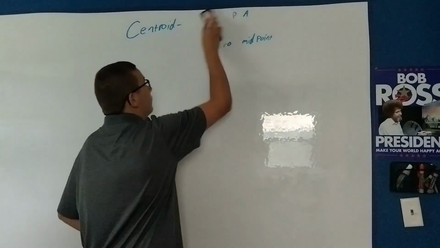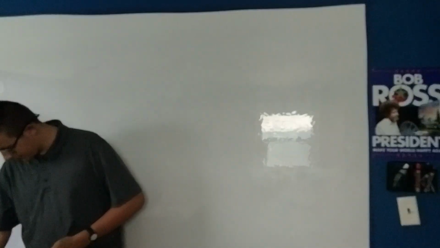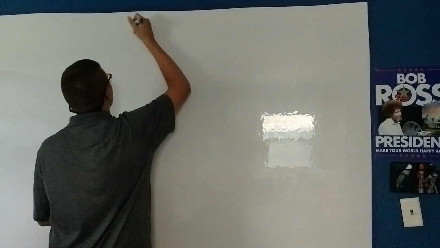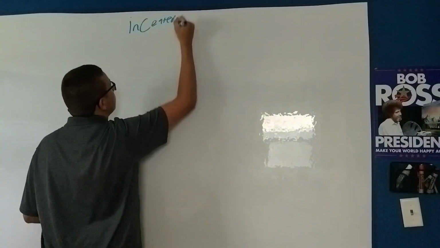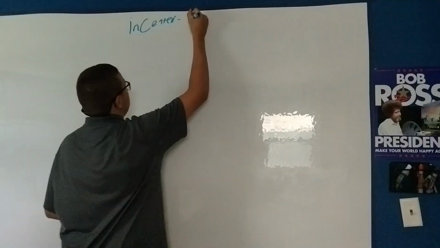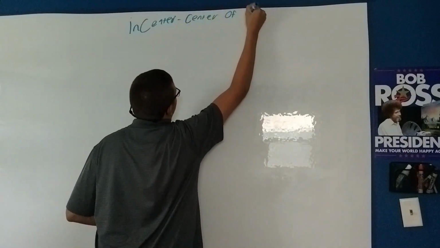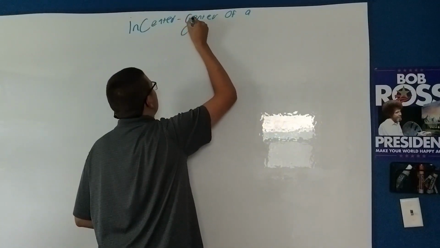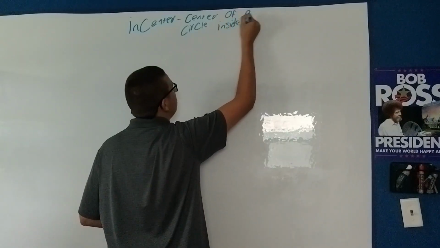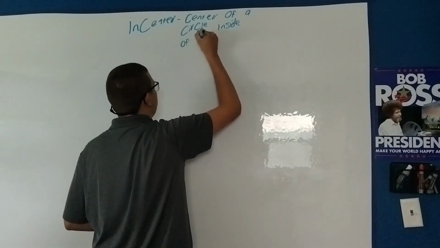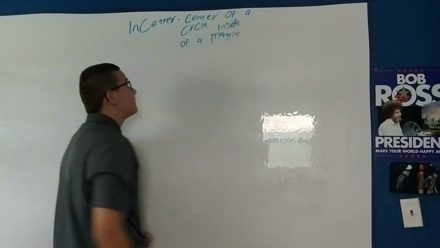Next, we'll talk about the incenter. The incenter is the center of a circle inside of a triangle.